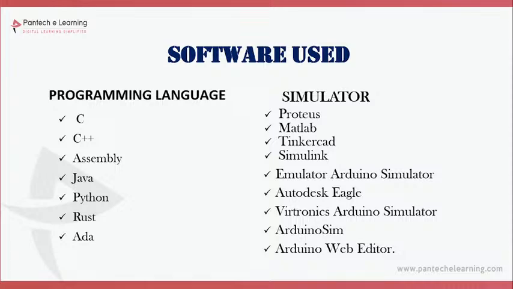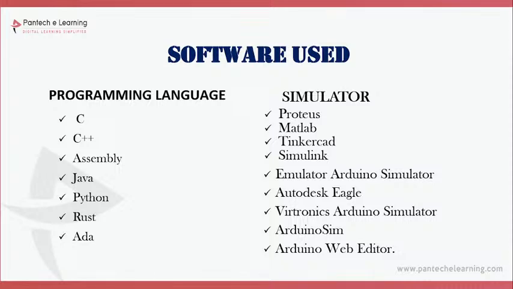The next slide is nothing but, as I mentioned before, software and hardware. An embedded system is the combination of software and hardware. Here, what are the programming languages? There are many programming languages used for hardware purposes. We need to write a program and upload it to the controller.